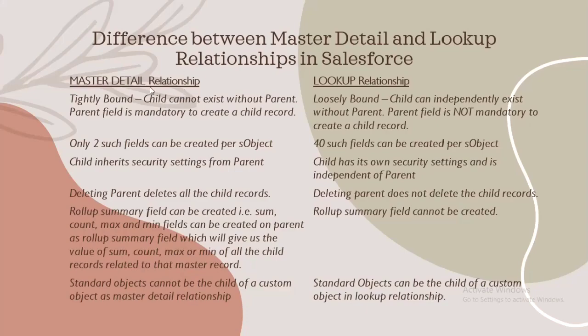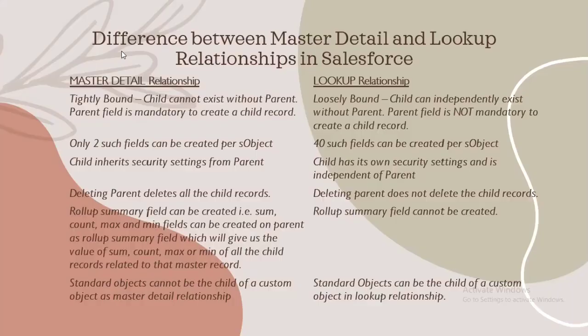Then in master detail relationship, deleting parent deletes all the child records. So let's say if I have deleted the course, the entire students enrolled in that course will get deleted. If I am deleting the Java course, all the students enrolled in that Java course will automatically get deleted. So that is master detail relationship.